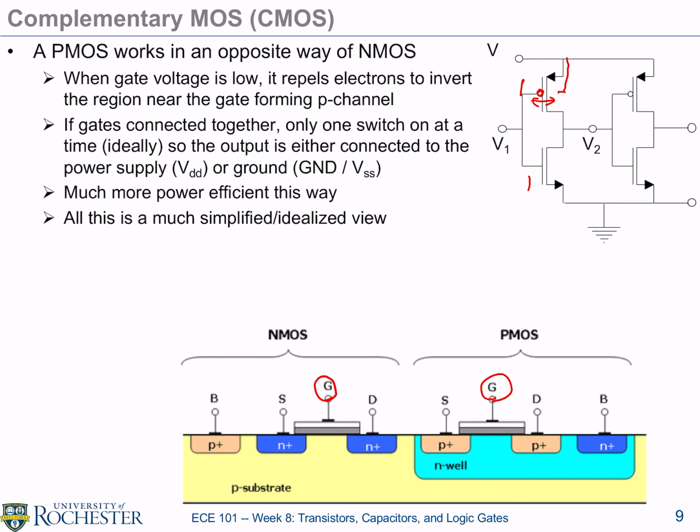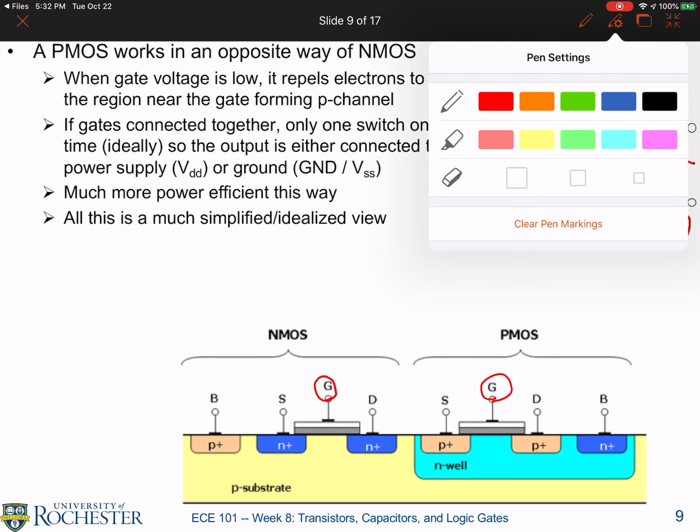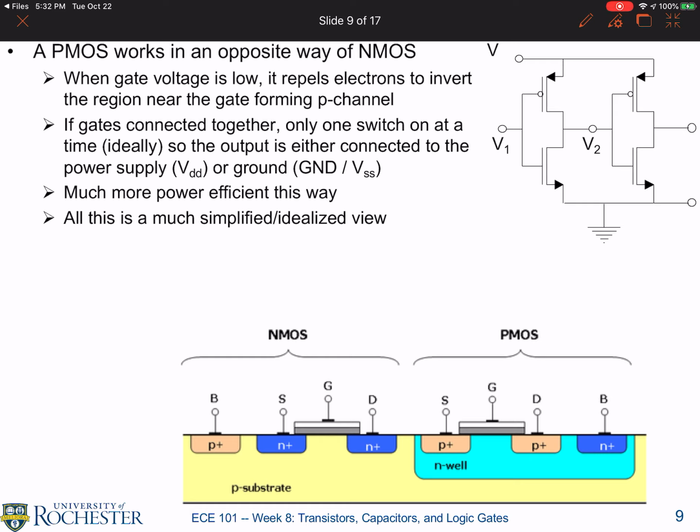So if we use that, we can actually create a complementary pair of switches operated like this. And now imagine what happens if the input, let's just look at this V2, if V2 is 1, this is going to be connected. The switch is on here, but off there. Good. Then the output is going to be 0. It's grounded. If the input is 0, on the other hand, then this is gone and this is on.